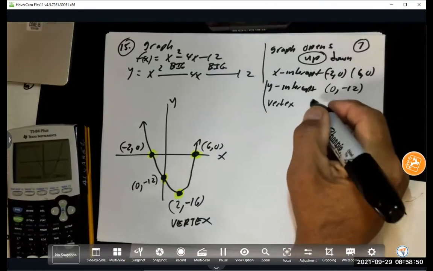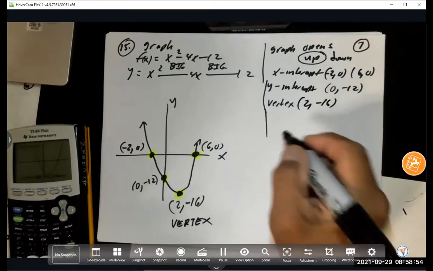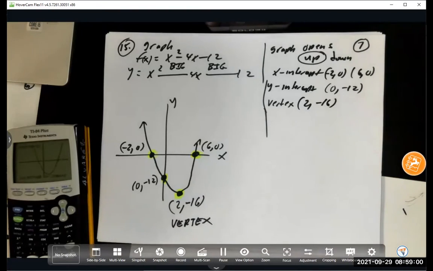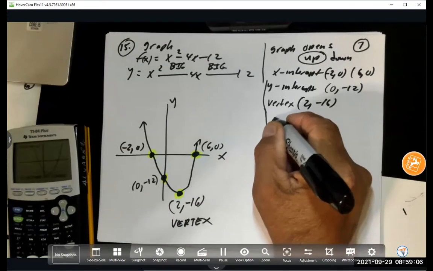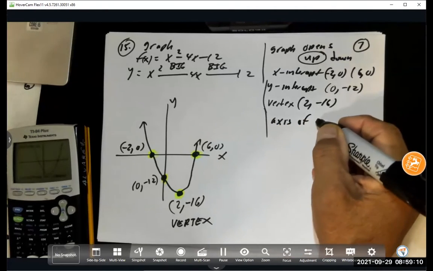It would be 2, -16. Yes. All right. Another question they ask you is, what is the axis of symmetry? And I'll just tell you what that is. Axis of symmetry.